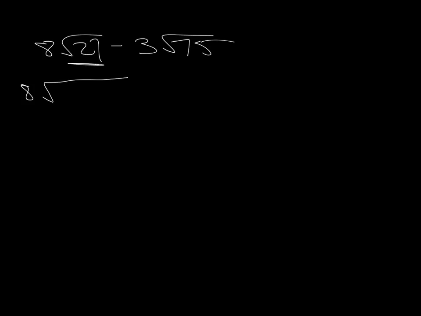Okay, so let's keep going. 8 square root of 27 minus 3 square root of 75. So yeah, you have to look at each one of these separately. So I look at square root of 27. We'll just kind of leave the 8 there. And square root of 27 would be 9 times 3.